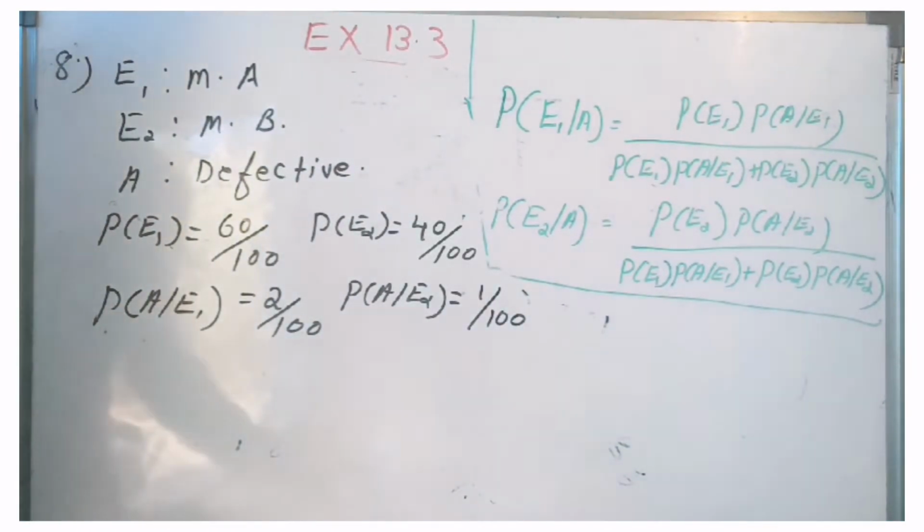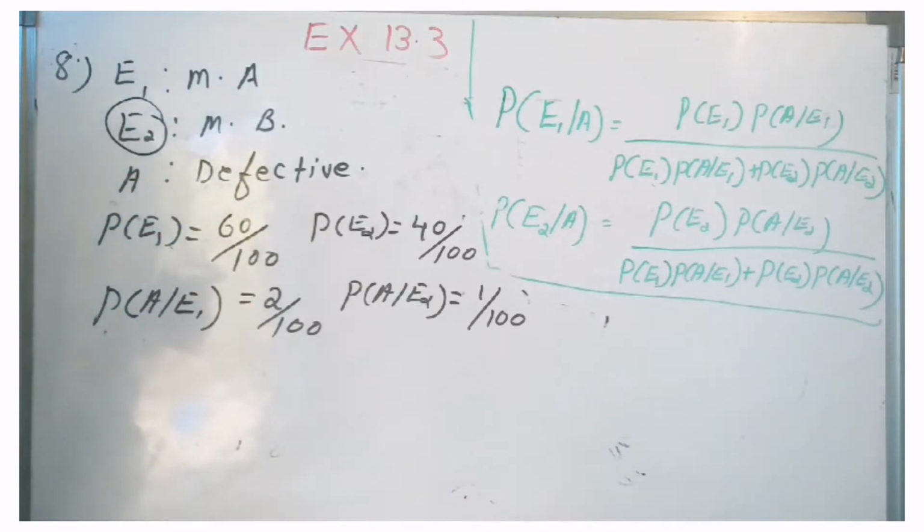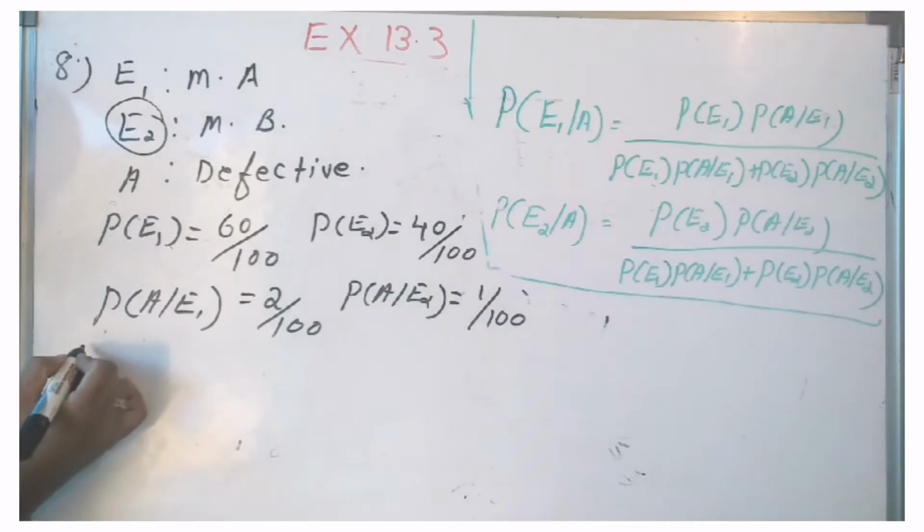Now we need to find: one item is chosen at random and is found to be defective, what is the probability that it was produced by machine B? We need to find out the probability of one of our partition members, so we will use Bayes' theorem.